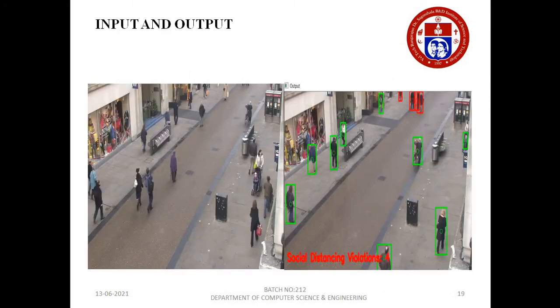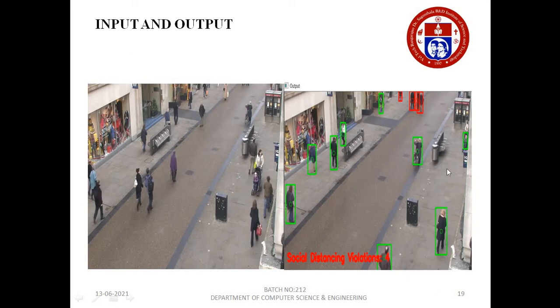And input and output. The input video is a normal general video and we get the output video showing how many people are not maintaining social distance and who all are maintaining social distance. In the output we can see these are people. Here we have some people, these all are maintaining social distance.